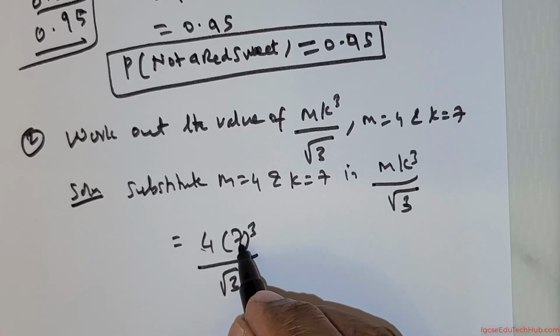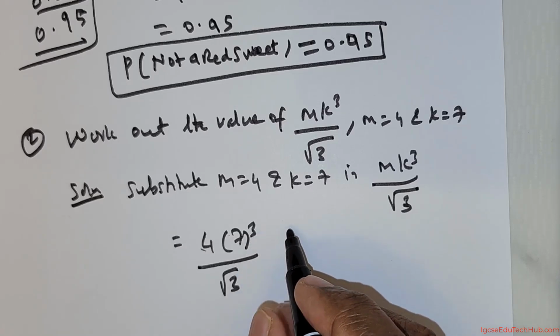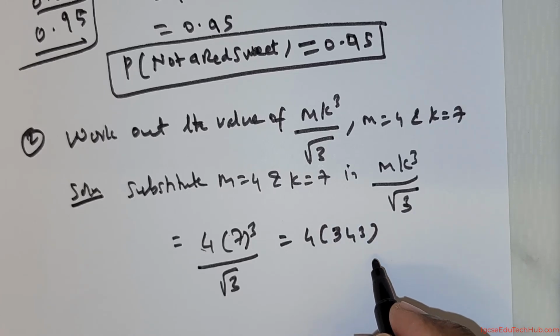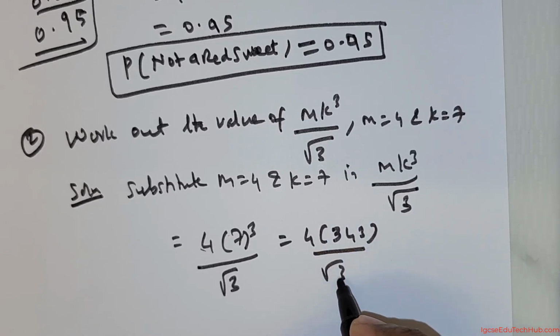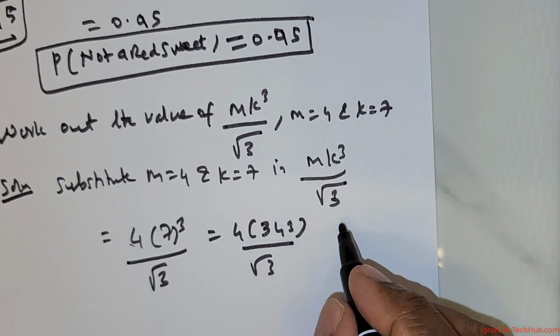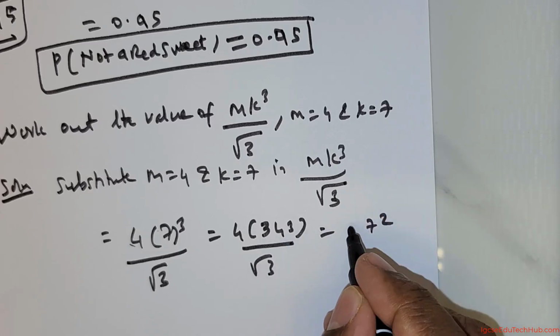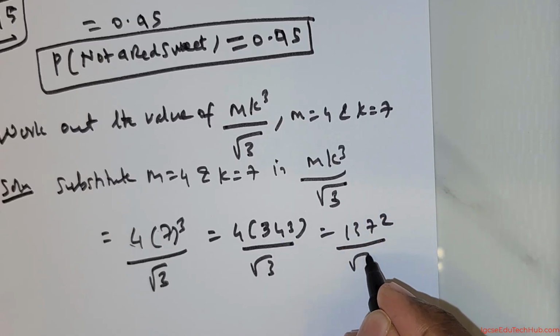Now 7 is multiplied 3 times, so that gives you 4 times 343, which is 1372, divided by root 3.